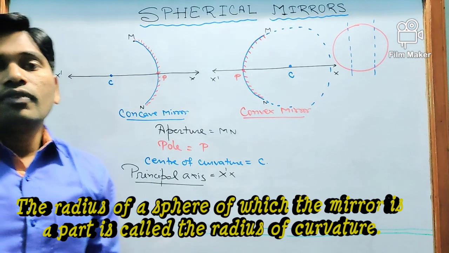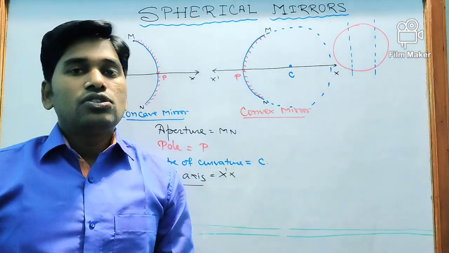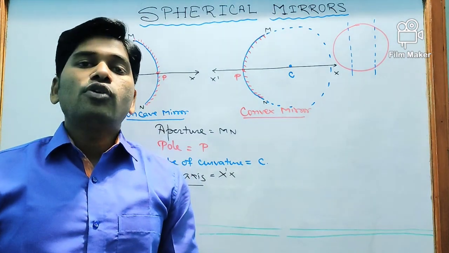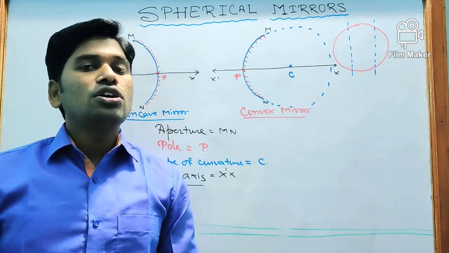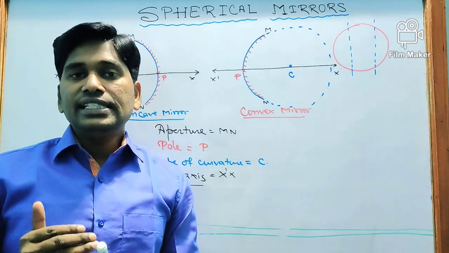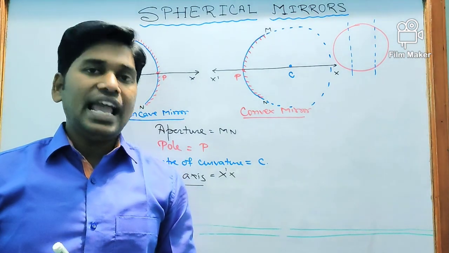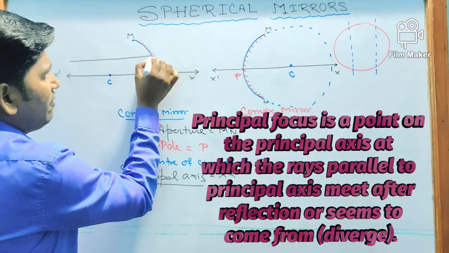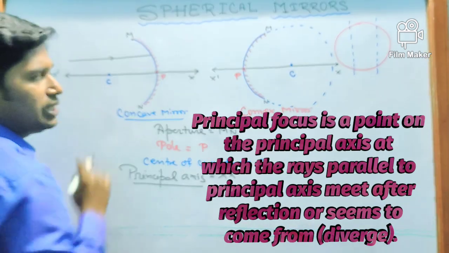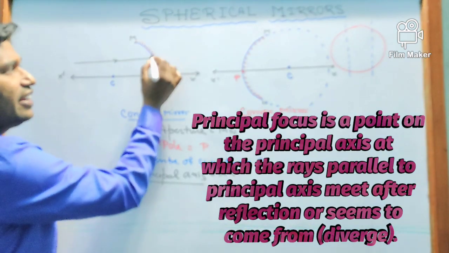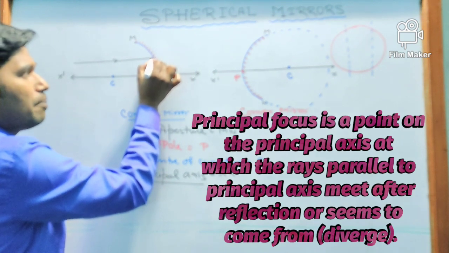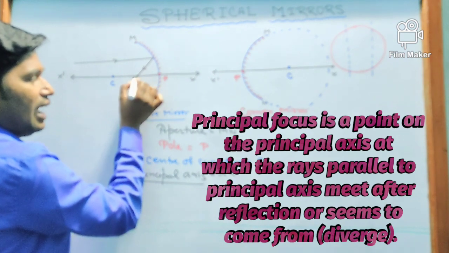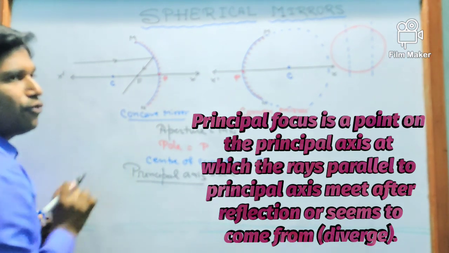Next up, principal focus. So what is principal focus? To define principal focus, first we will draw rays parallel to the principal axis. Let us see this. A ray of light incident parallel to the principal axis, after reflection, passes through a point on the principal axis, and this point is known as the focus.